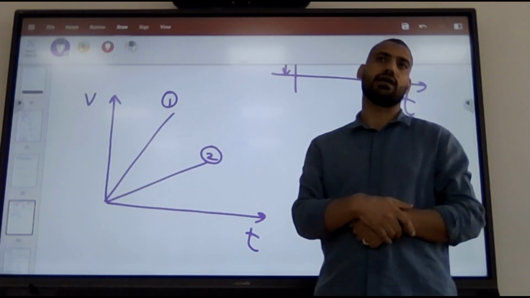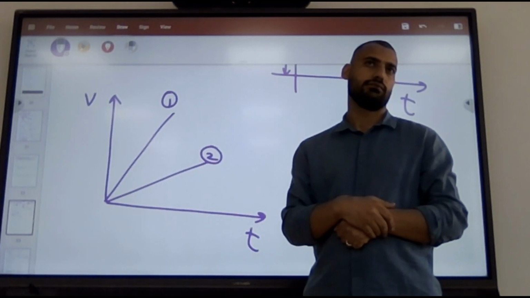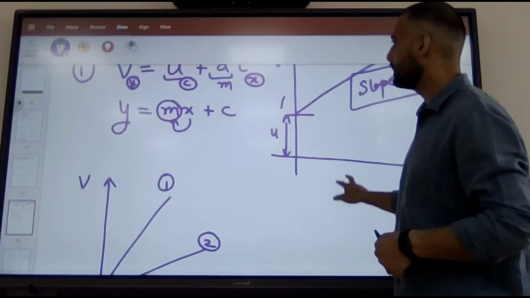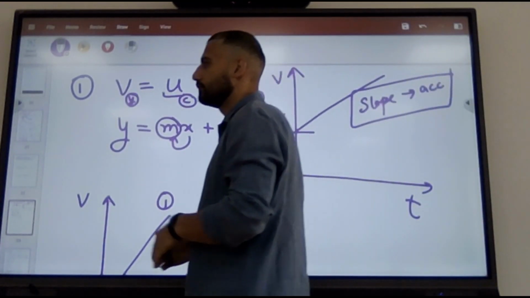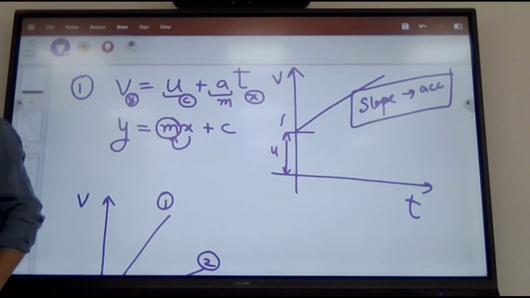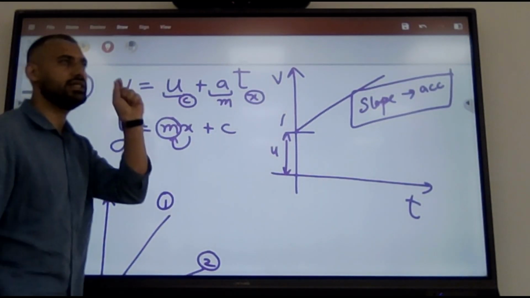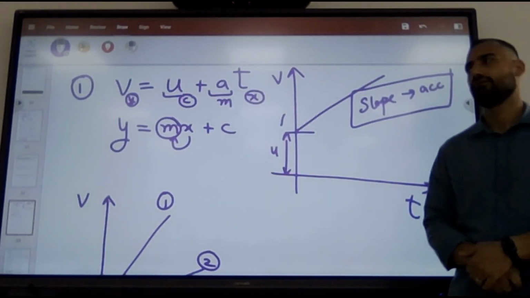Everything is conveyed from the graphs. You don't need to calculate. Is it clear? First copy this, we'll come to the other parts. And write it down. The slope of velocity time graph gives acceleration.